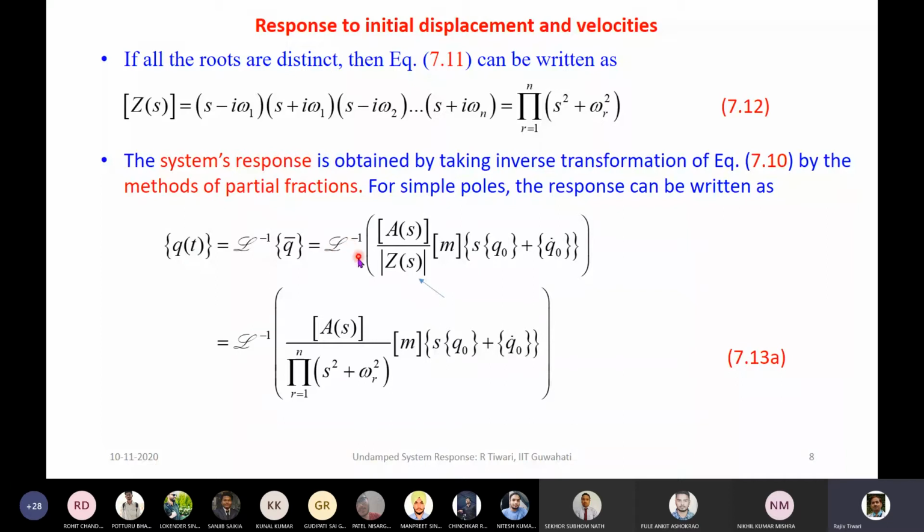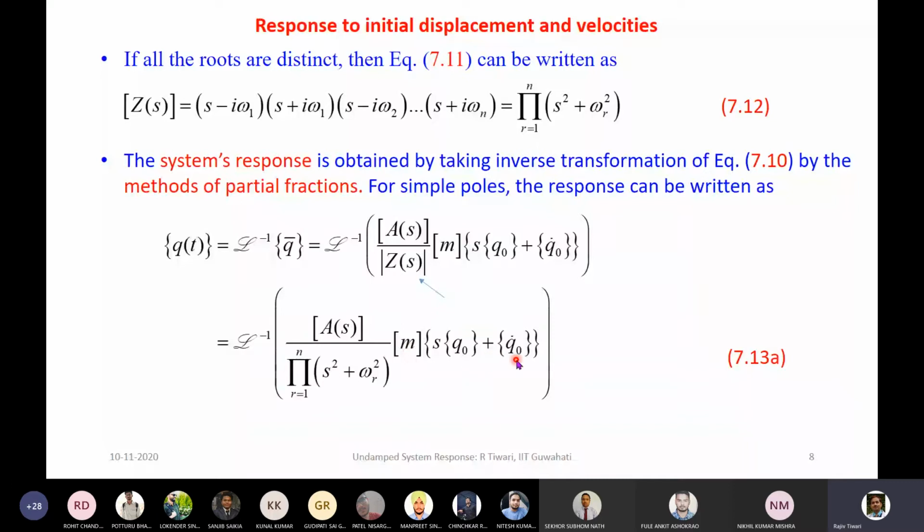On the right side also, we have done the Laplacian domain transformation. So this is the same equation as the previous one, only this symbol has been added. Now this Z(s), the determinant, we have expressed like this. We have replaced it by this, and A(s) is as it is, and the remaining terms are the mass matrix and the initial conditions.